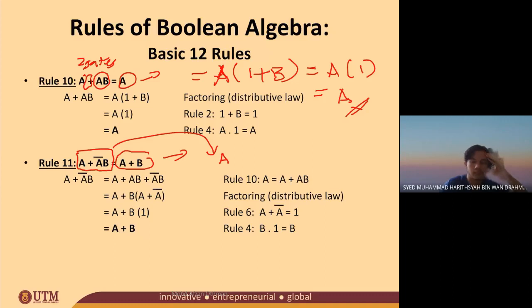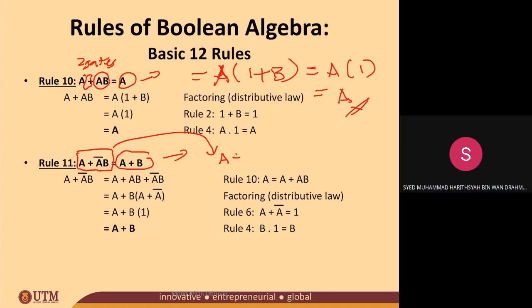So A plus A bar B is equivalent to AB plus A bar B. Because of rule number 10 here, you can expand A as A times B plus A plus AB.